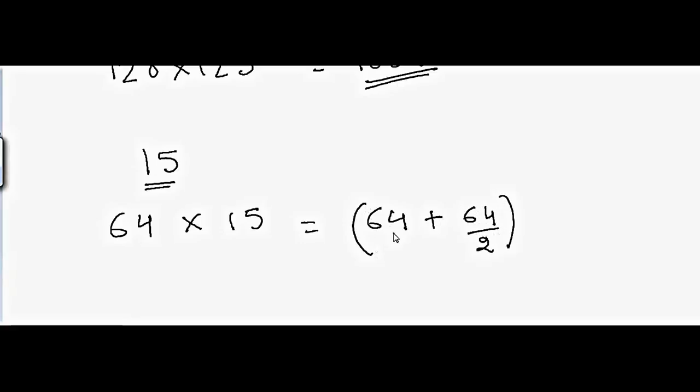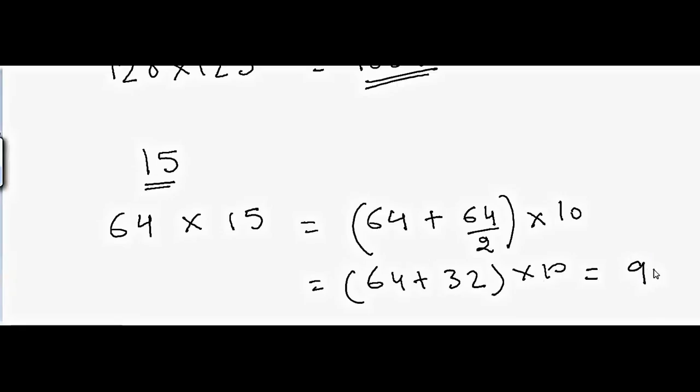That will be 64 plus 32, which is 96, times 10. Let's do it quickly. Suppose I have 44 and want to multiply by 15. Half of 44 is 22, so that will be 66, and then a 0, so 660.